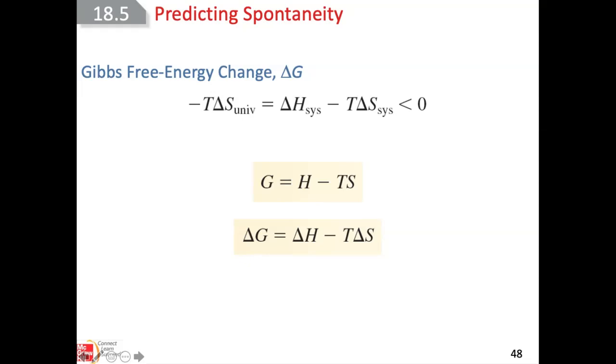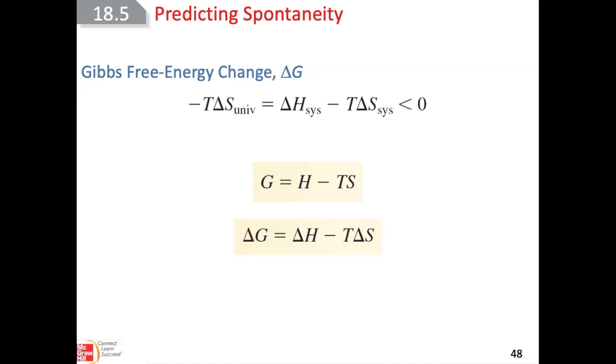And we have a temperature component here in Kelvin. So delta G, the Gibbs free energy, is delta H of the system minus T delta S of the system as well.